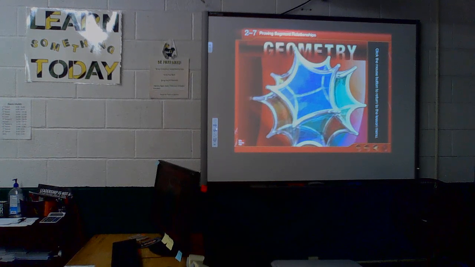They didn't set it equal to each other or to something. They took the two pieces and added them together. So in letter C, the reason why that I can do that is simply the addition property. And then in letter D, they would take it one step further and say, now they're going to take the pieces and set it equal to the entire thing, and that's when you get segment addition postulate. So do you see the difference there?